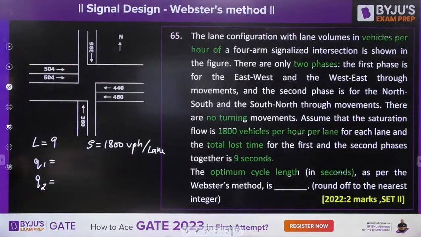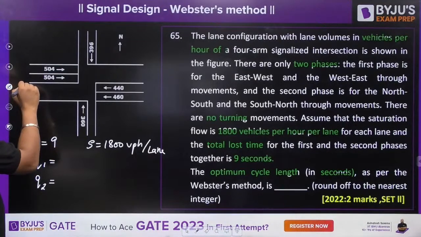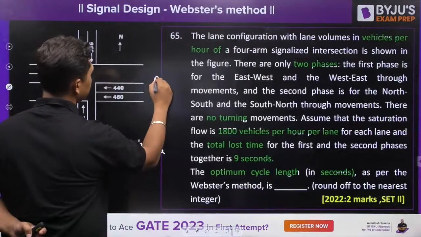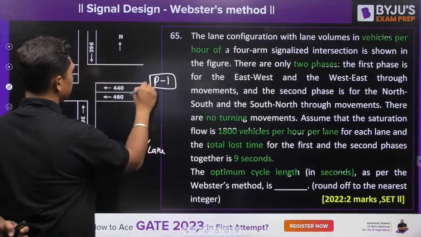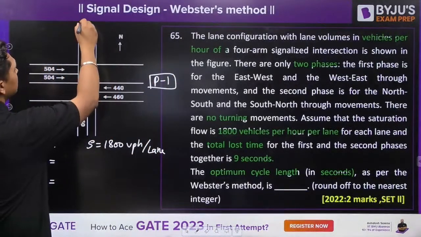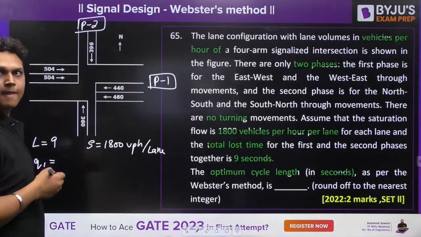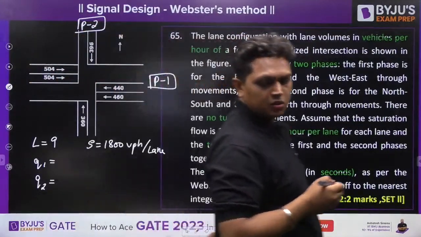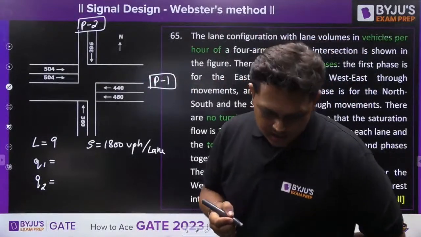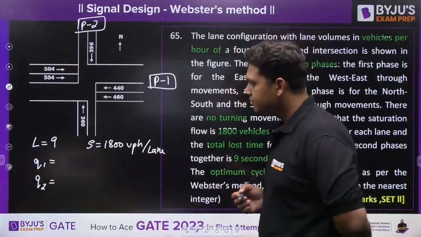Q1, Q2 is required, L is given. So what is Q1? This is phase 1. This is phase 2. Can anyone tell me what is Q1?